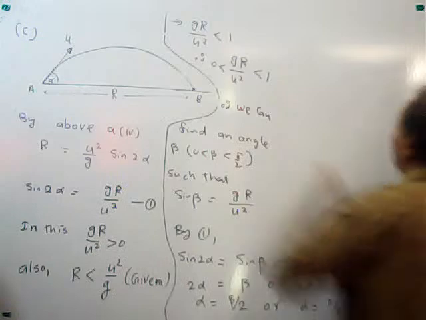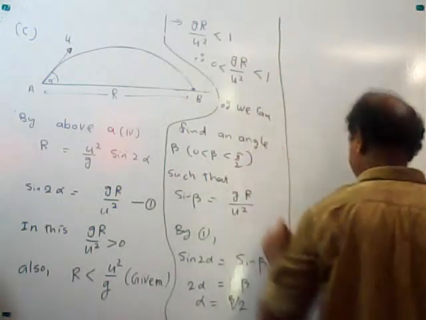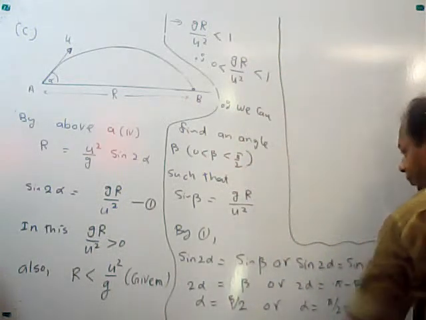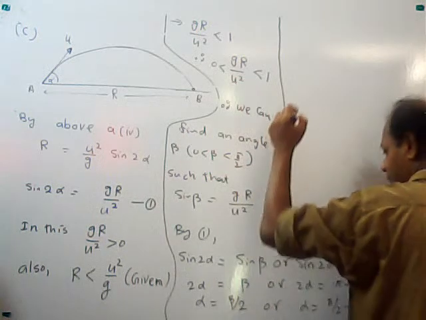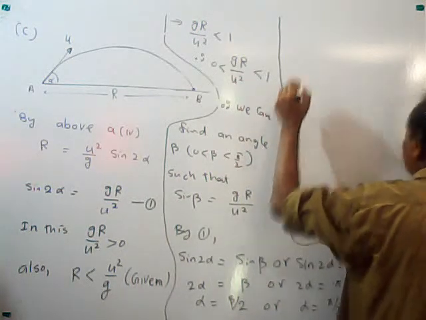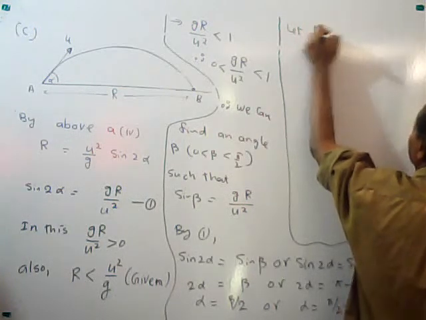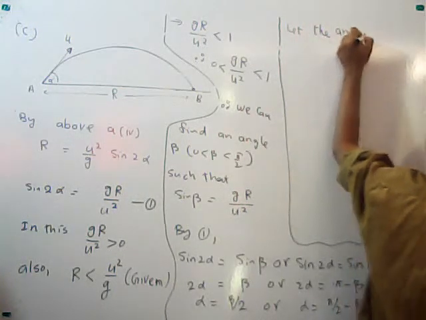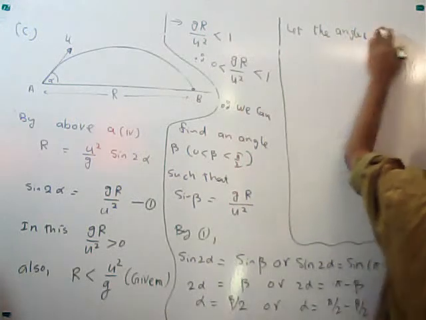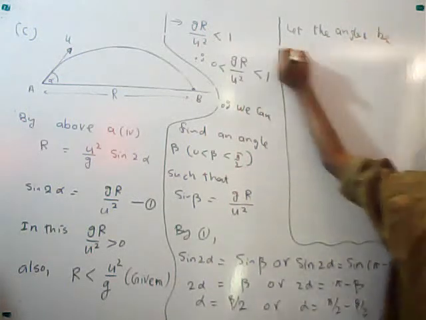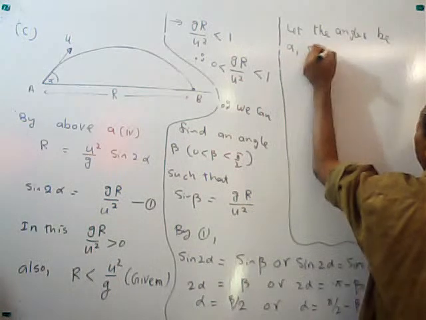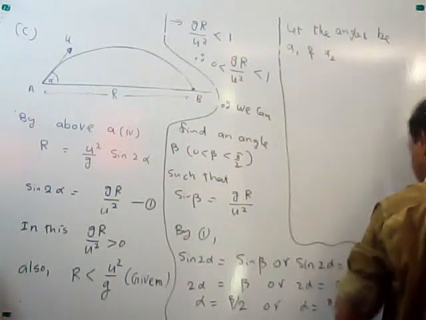Let the two angles be alpha 1 and alpha 2.